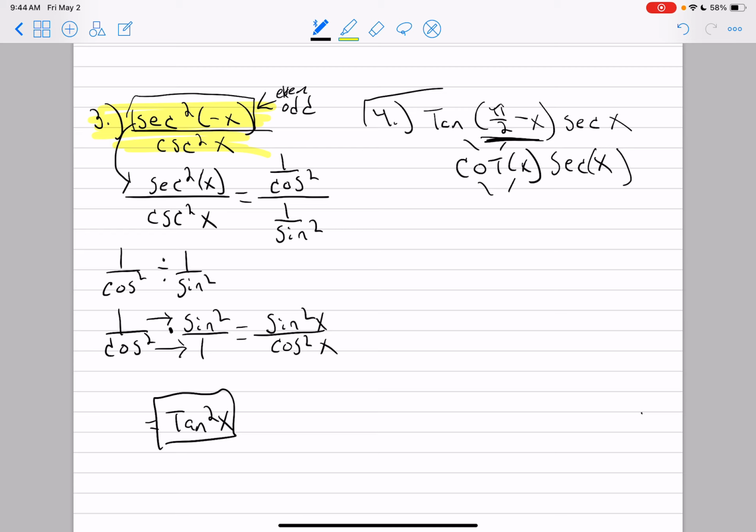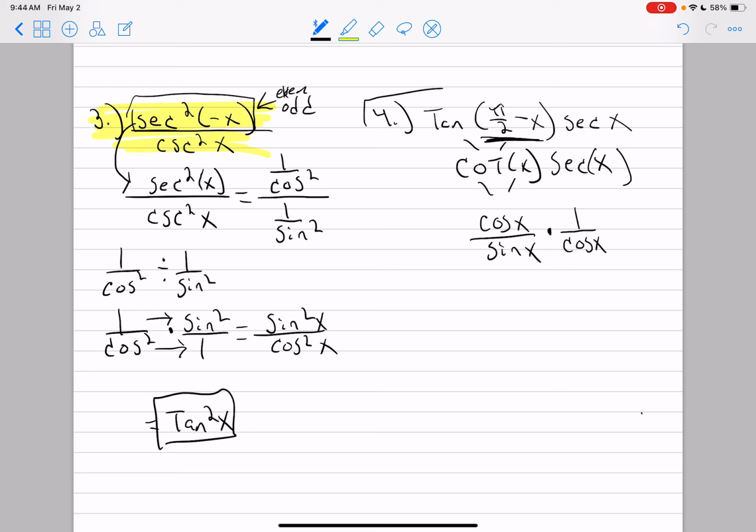So cotangent can be what? Cotangent is cosine over sine, times secant, which I can write as 1 over cosine, right?